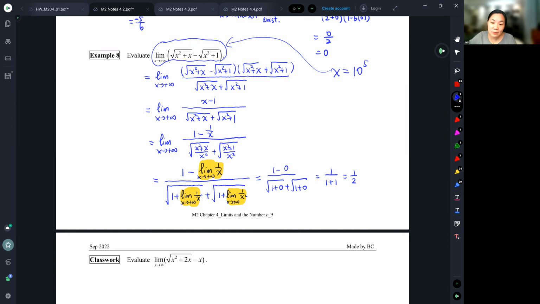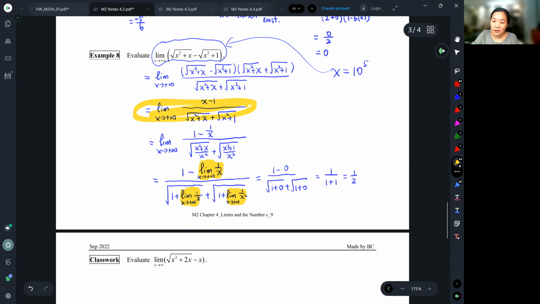Okay. Now for example 8, the technique is to rationalize and also create a fraction. And after the fraction is being created, you can create more fractions by dividing.